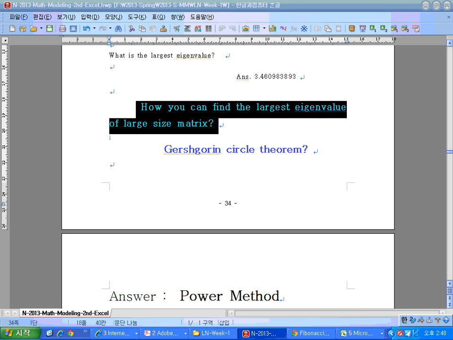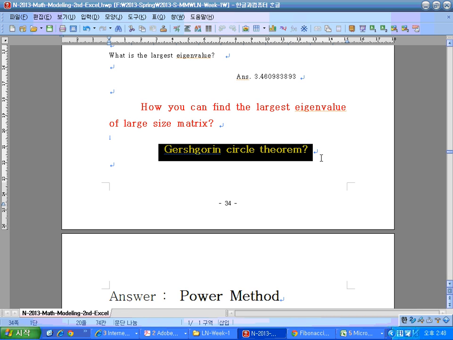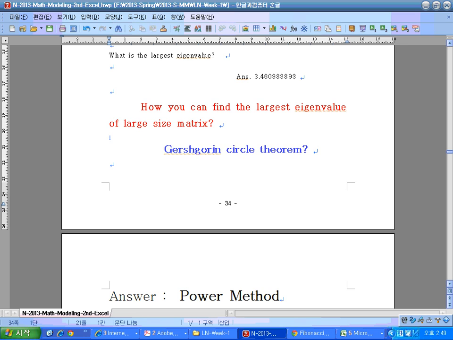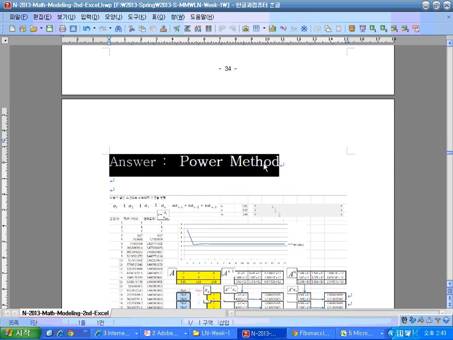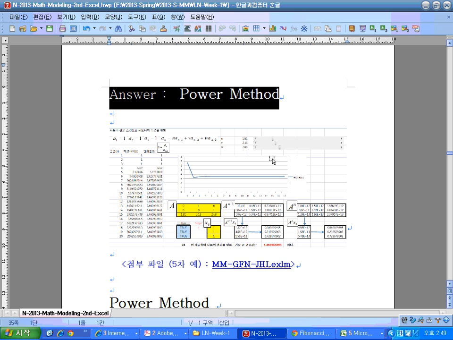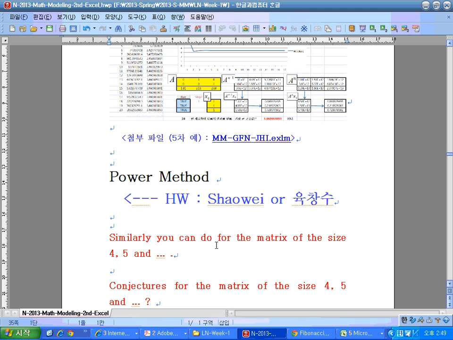The Gershgorin circle theorem is one thing that lets you easily guess where the largest eigenvalue is located, but the power method is one answer to solve it. Actually, we use this power method in Excel to show you how to find the largest eigenvalue. This power method was introduced in a chapter that I uploaded here.